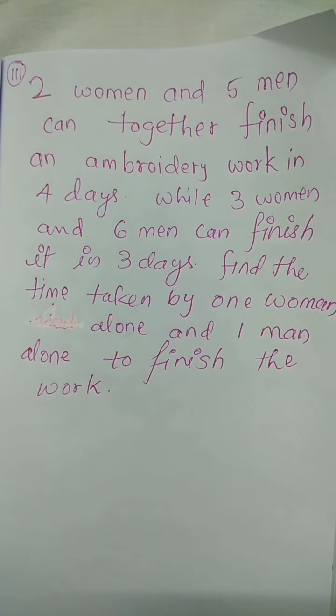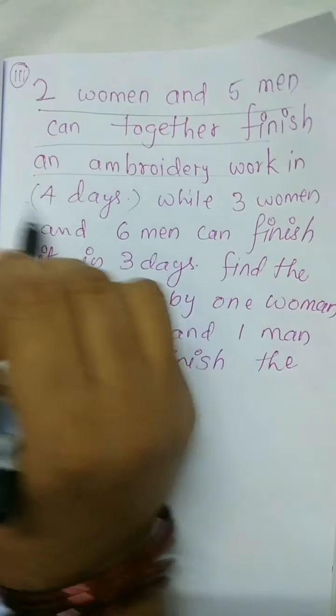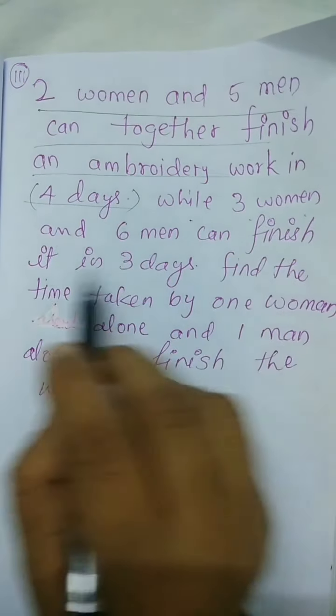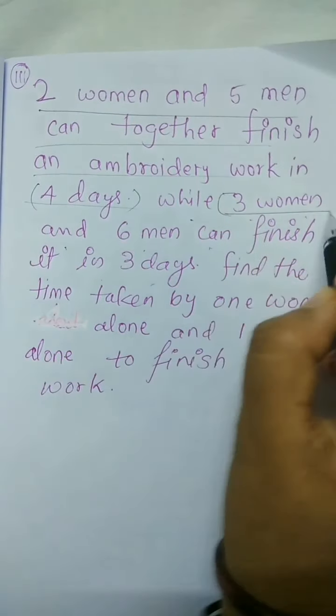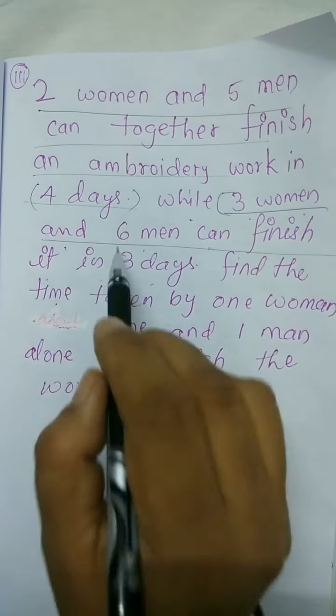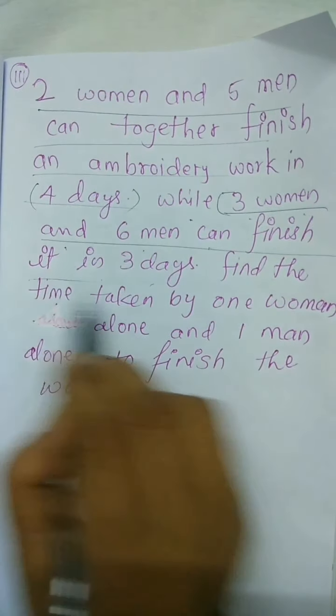2 women and 5 men together can finish the work in 4 days. This is the first condition. Okay, from here to here. While 3 women and 6 men can finish it in 3 days. This is the second condition. If 3 women and 6 men are working, then they can finish it in 3 days.